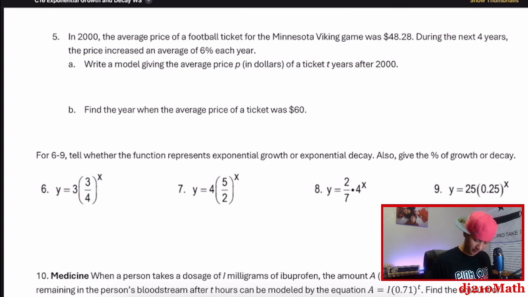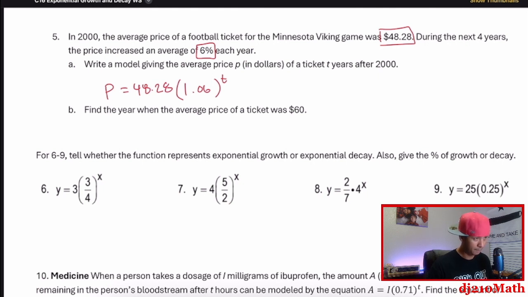Okay, so the initial price, increase 6%, so 0.06, and it's increasing, so it's bigger than 1. 1.06 to the T years, and P is the price of the ticket in dollars. So here's the model.